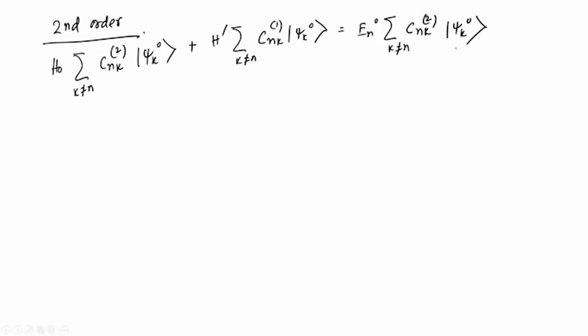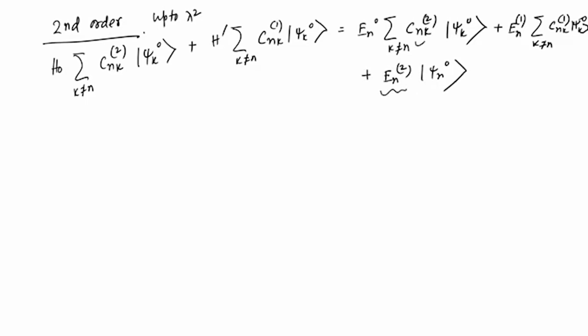So, we are taking up to lambda square, only matching terms on left and right up to lambda square, and so this En0, and then you have En1, then k not equal to n, En1 is of course known, Cnk1 psi k0, that is known as well, and En2 psi n0. Okay. So, we want to find En2 and Cnk2.